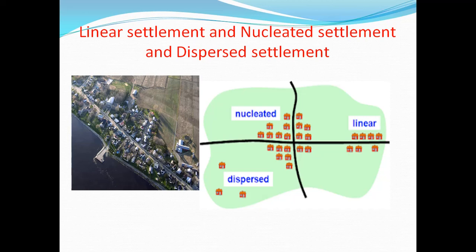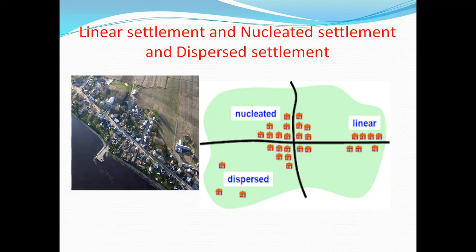Linear settlements are settlements where the buildings are constructed in a line. Usually you will see that on one big road, on both sides, houses or buildings have been constructed. If that is confined only to one line, then it will be called a linear settlement.